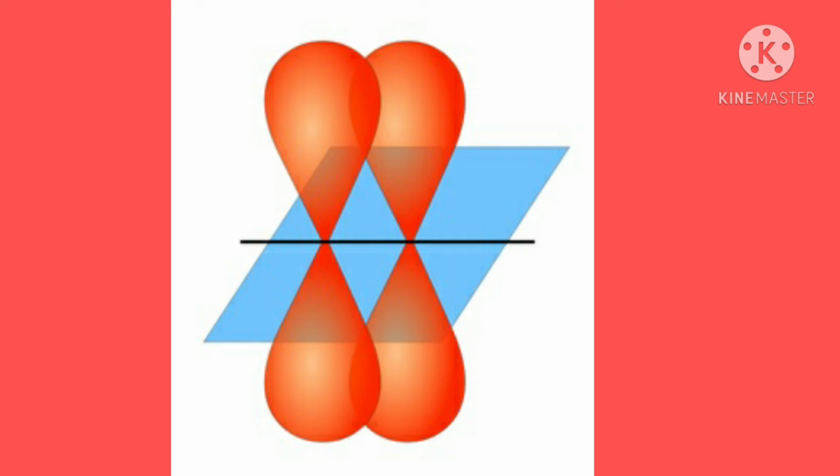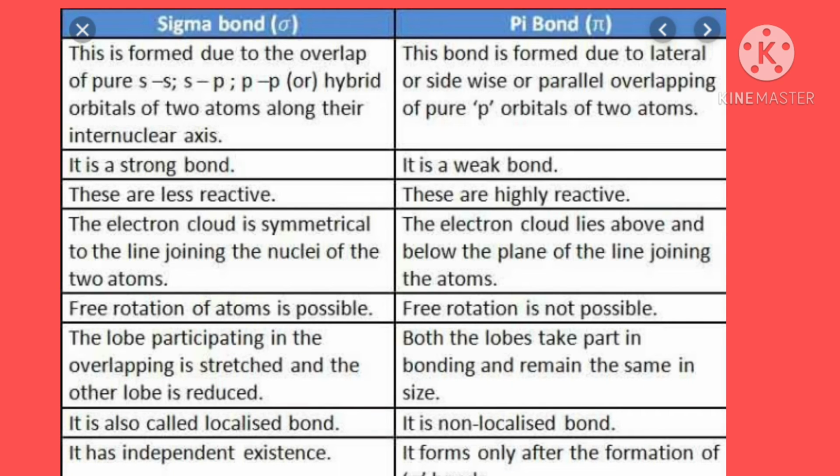Children, let us see the difference between sigma and pi bonds. A sigma bond is formed due to the overlapping of ss, pp, sp along the intermolecular axis. So, when the overlapping occurs in a straight line or end to end, this type of overlapping is known as a sigma bond.